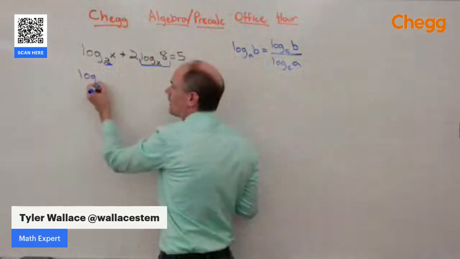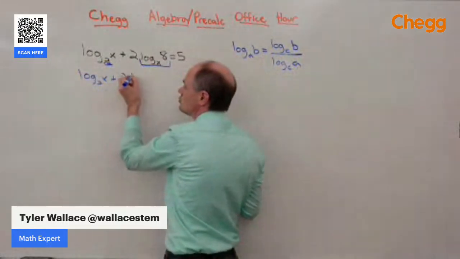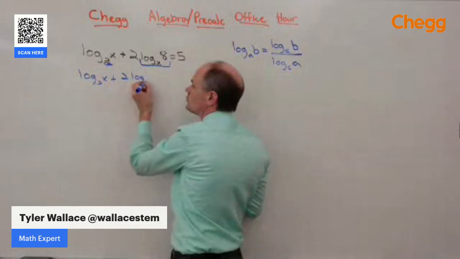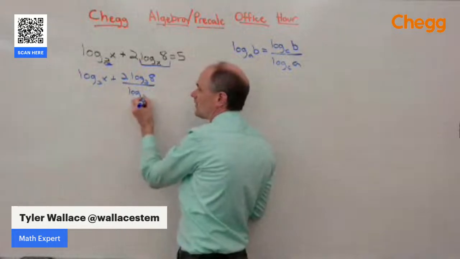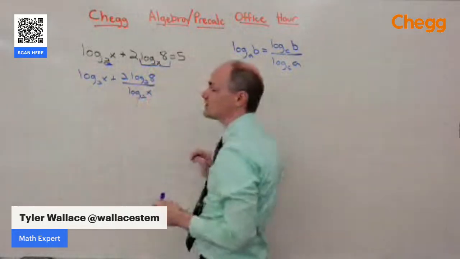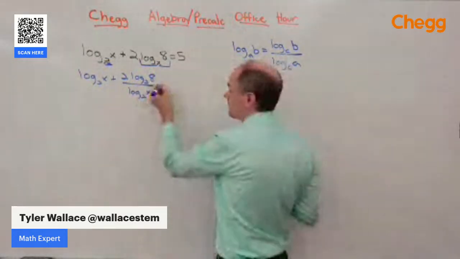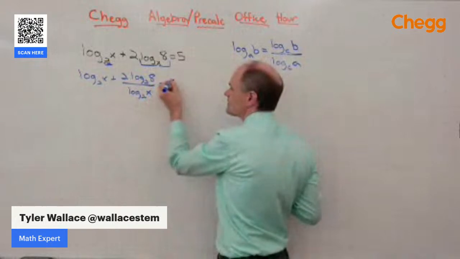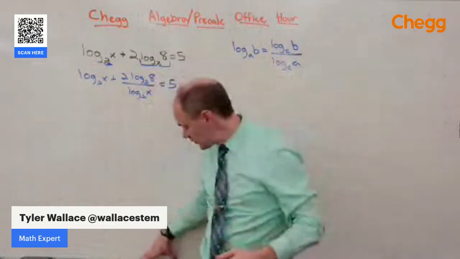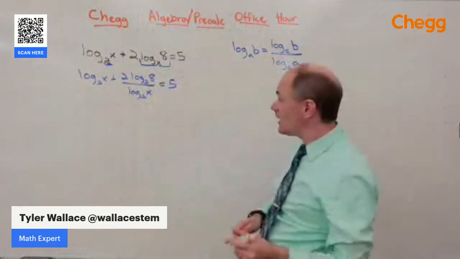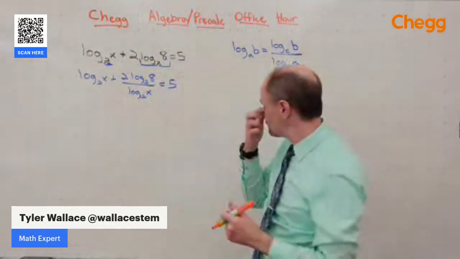So my equation is still log base 2 of x plus 2 log base 2 of 8, divided by log base 2 of the old base, which is x, and that's still equal to 5. Now that we've got all of these log base 2's, now we can start trying to solve.